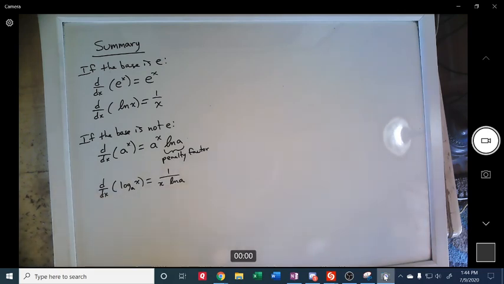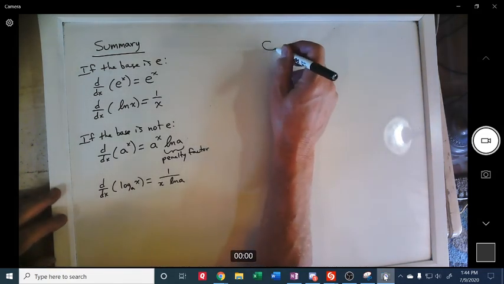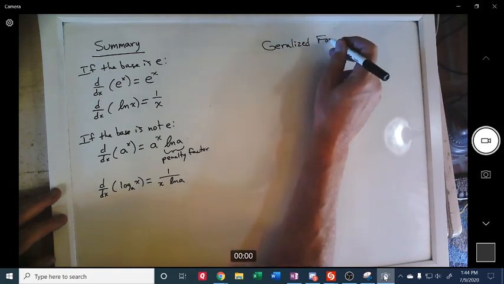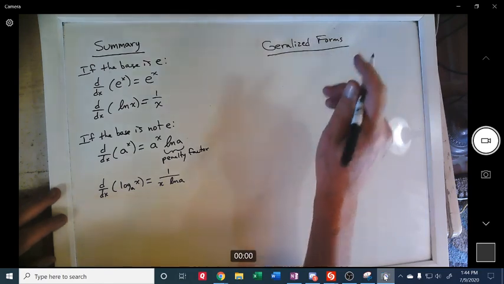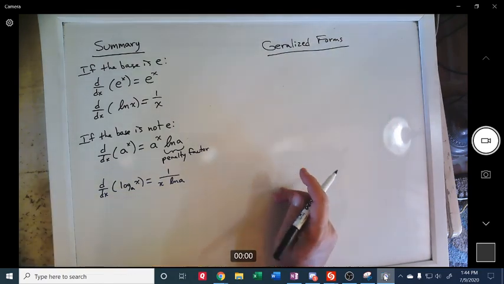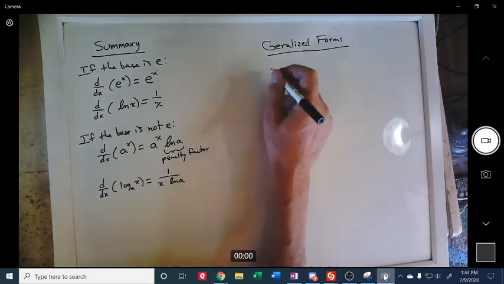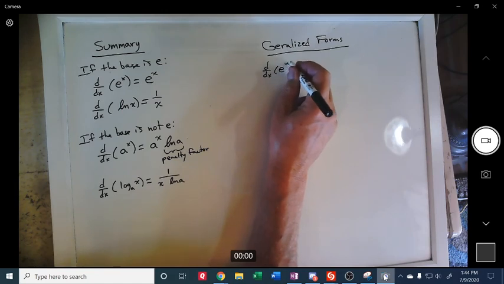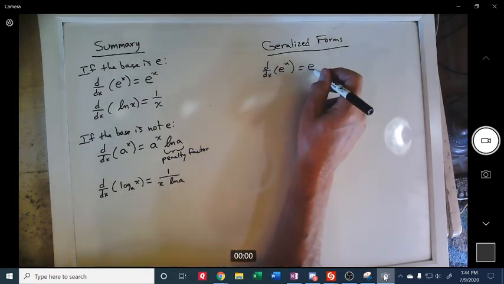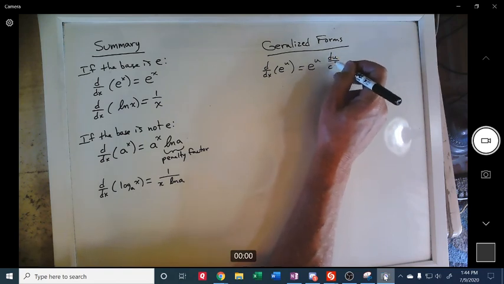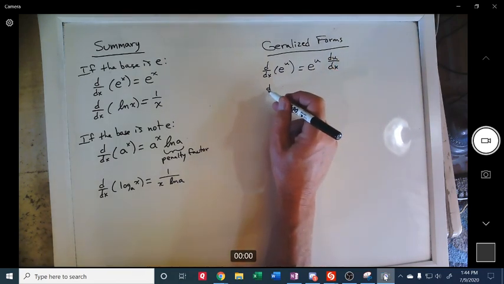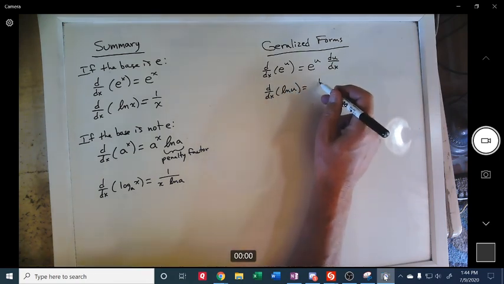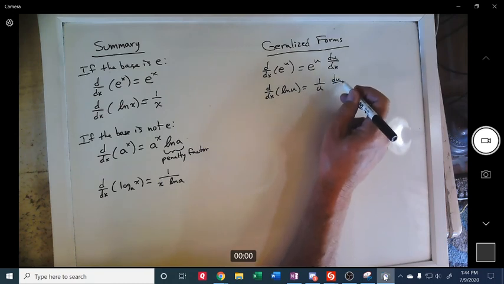Now, generalized forms. This is how you actually tend to use them. This one becomes d dx of e to the u is e to the u du dx. This one becomes d dx of ln u is 1 over u du dx.